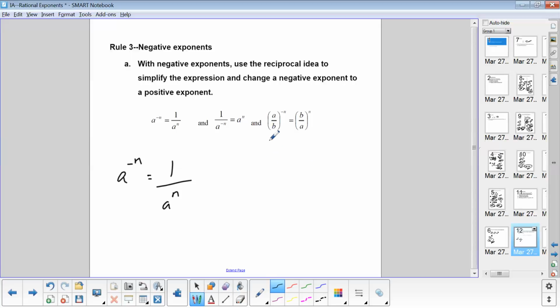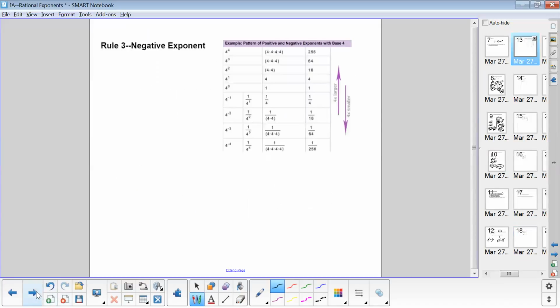And notice here it's saying that if you've got a fraction already raised to a negative exponent power, you can take the reciprocal and make it positive. So that's what we're looking at in regard to reciprocals. If it's negative in the numerator, we can move it to the denominator by taking the reciprocal, and it would be positive, and vice versa.